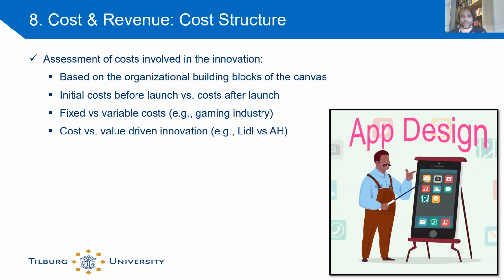For example, in the gaming industry, and also in the movie industry, the fixed costs are sky high. It costs millions, and sometimes maybe even $1 billion to develop a video game. But once you have developed a video game, the upkeep, so the variable costs, are really, really low.